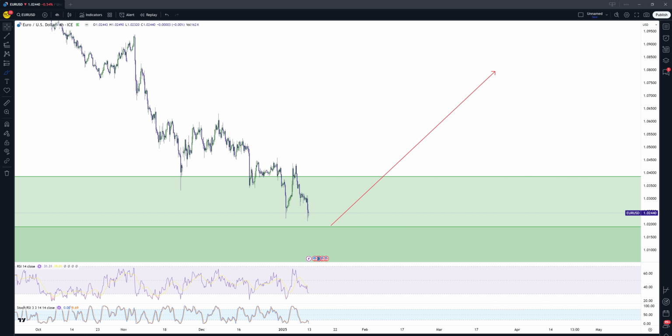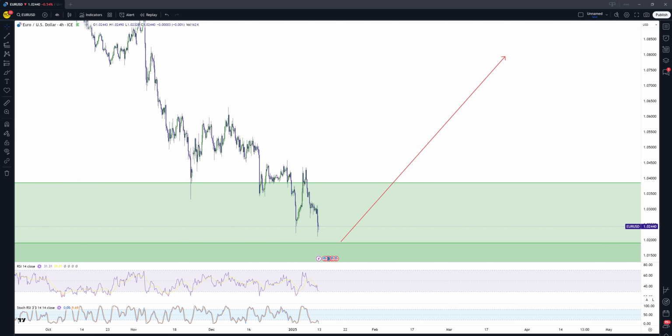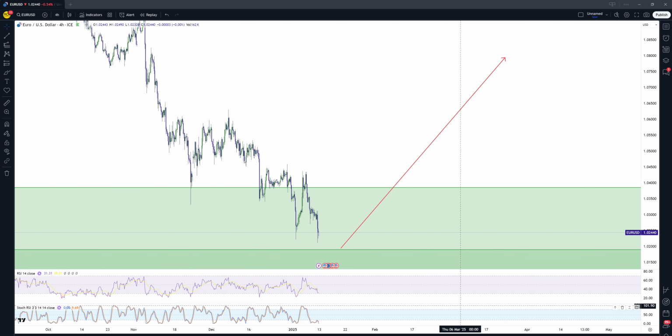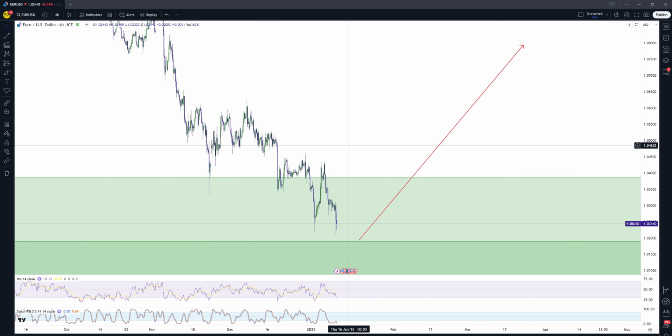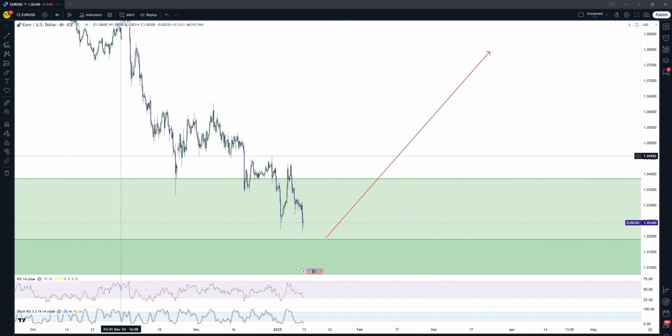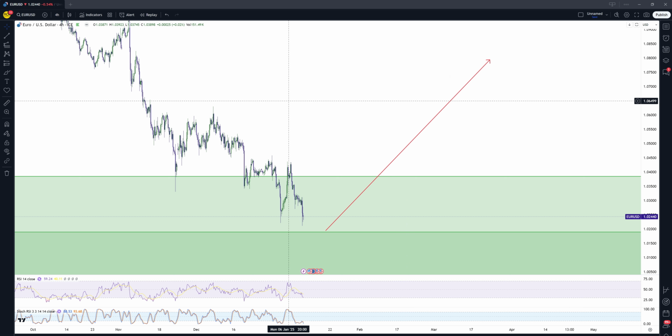Those are the things that you need to know if you want to be a trader that takes your trading to the next level. You have to be able to see the market ahead of time and look for value trading opportunities. Of course, as I said before, this is not a recommendation, but we can see this is the next move in the euro.